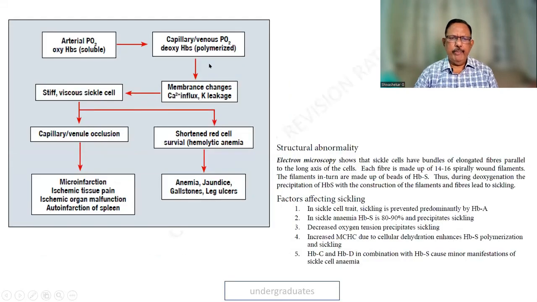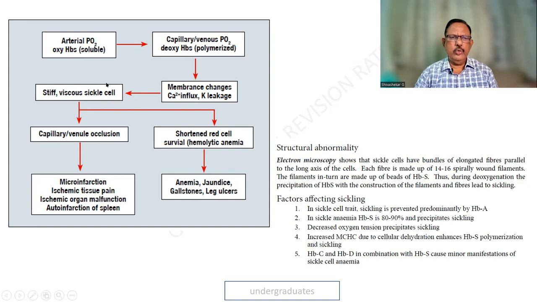This is an important flow diagram in pathogenesis. There is the arterial oxygen, and hemoglobin S is soluble in it. But when there is a stasis, there can be polymerization. There can also be damage because of the influx of calcium and leakage of potassium.